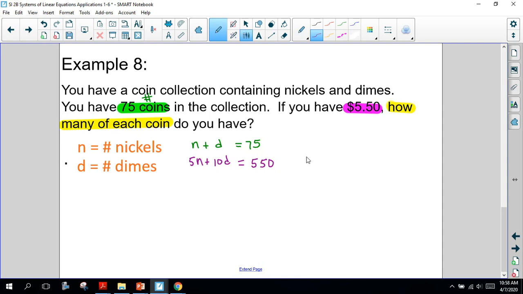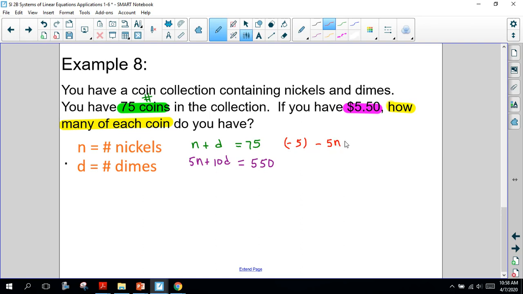Now I'm going to multiply through my first equation by -5. As we multiply through by -5, that is going to make the nickels have the same number in front and also different signs, so I can eliminate, because when we're in standard form, typically the easiest way to solve is elimination.